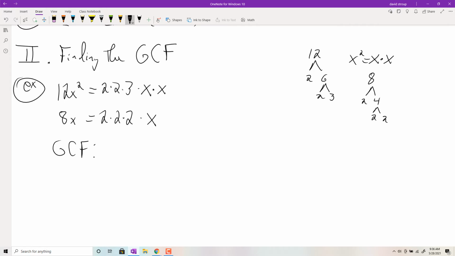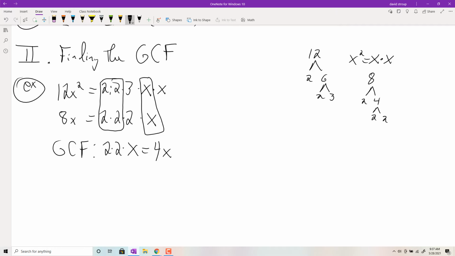Each of these terms has a common factor of two 2s, which is the same as 4, and then they both have an x. That part is your GCF, the 2 times 2 times x, which you should write as 4x.